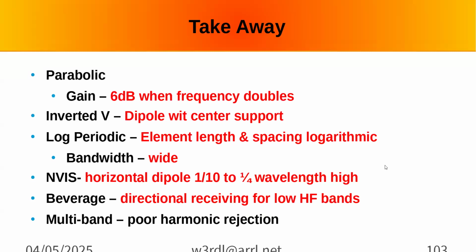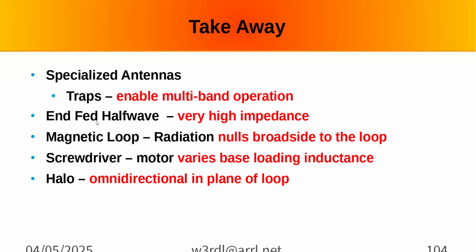Beverage antennas, that are not Coca-Cola, and multiband, which, because they rely on harmonics, don't have very good harmonic rejection. Specialized antennas use traps to get multiband operation. You can do that on a long wire or even an end-fed. I've seen it with a trap in the middle.